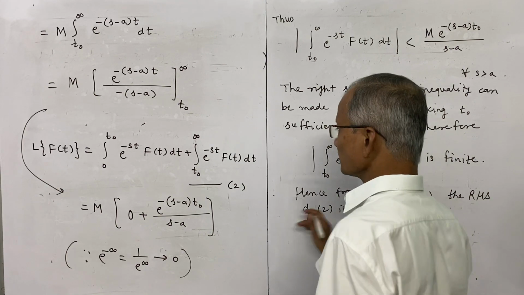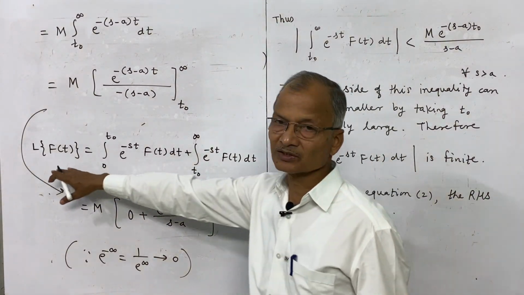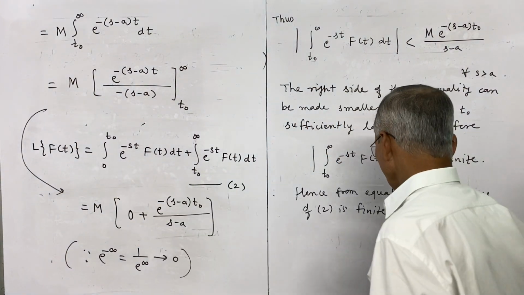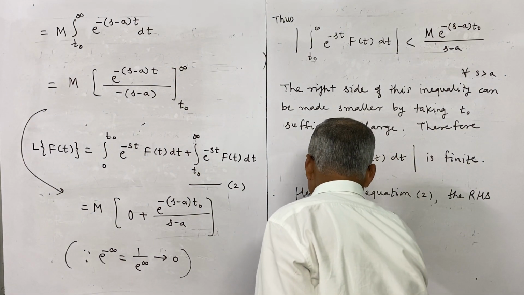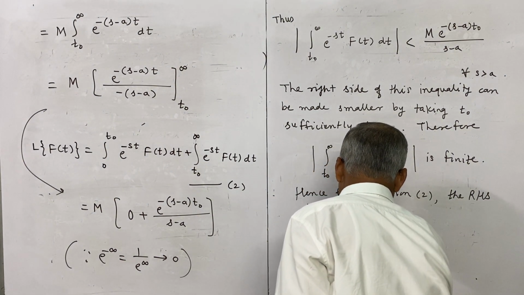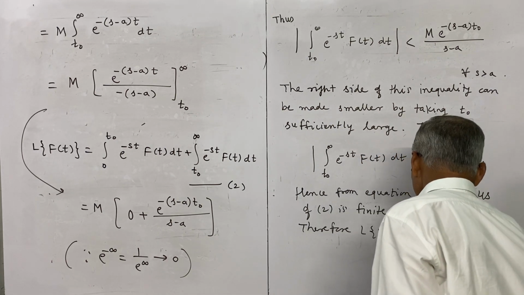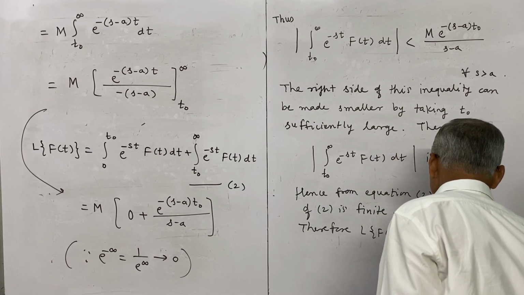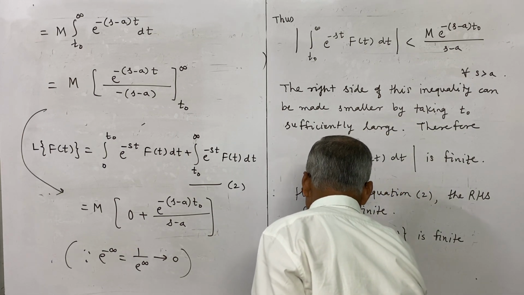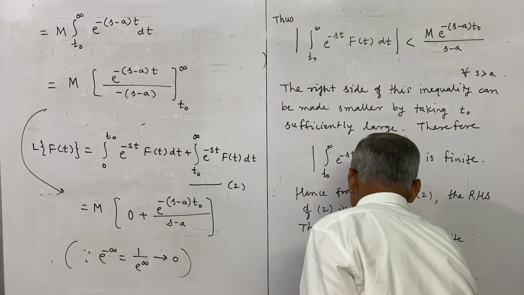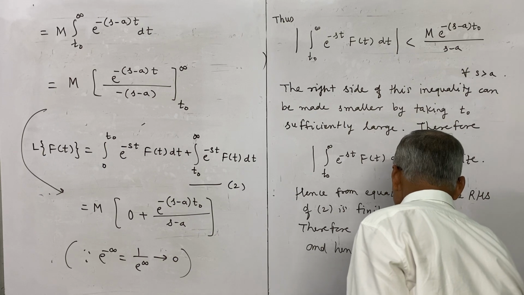And RHS of 2 being finite means the Laplace transform is finite. Therefore L of f of t is finite, and hence it exists. So this proves the theorem.